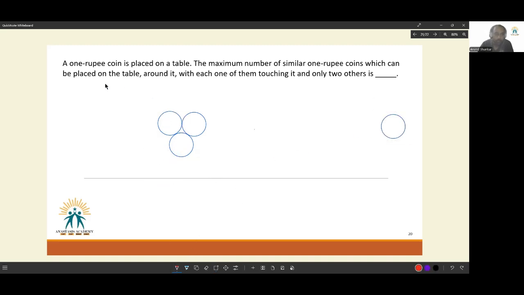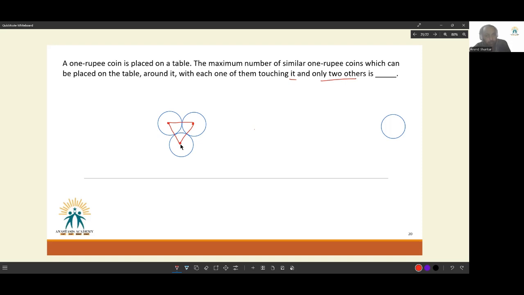See, a 1 rupee coin, the maximum number of similar 1 rupee coins which can be placed on a table around it, with each one of them touching it and only 2 others. 3 coins will be in contact with each other. Can you see, if I join the centers of these 3 coins, I will have an equilateral triangle made.